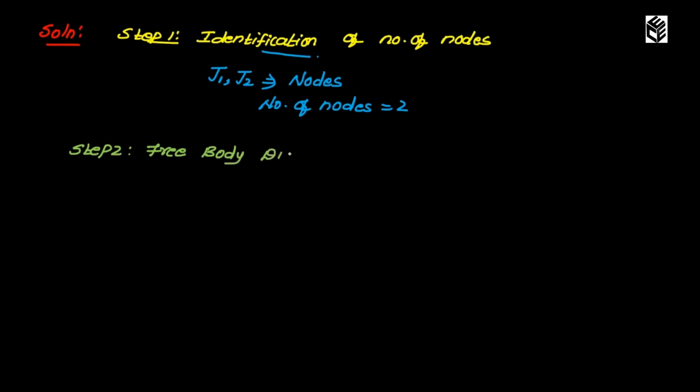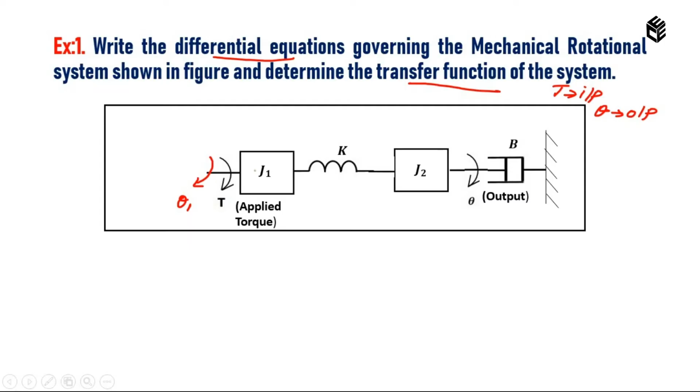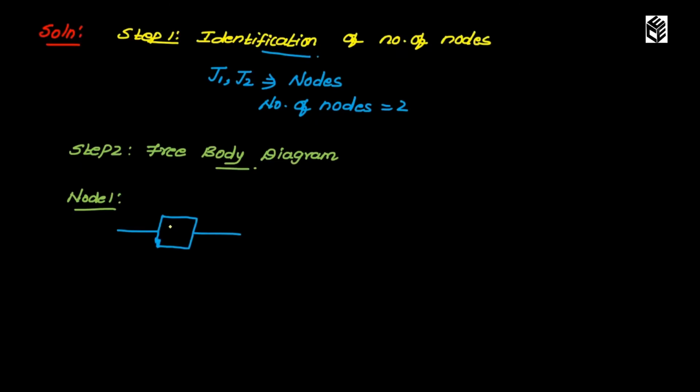What is our step 2? Our step 2 is free body diagram for each node. Since we are having two nodes, we will be having two free body diagrams. So let us draw the free body diagram for node 1. So J1 represents our node 1. The elements connected to J1 is K alone and we have an applied torque T. So the free body diagram for node J1 is: we have an applied torque whose direction is towards downwards and we have assumed a displacement theta 1 whose direction is also towards downwards.